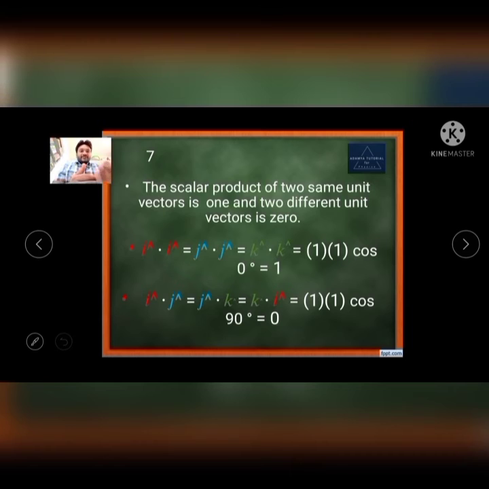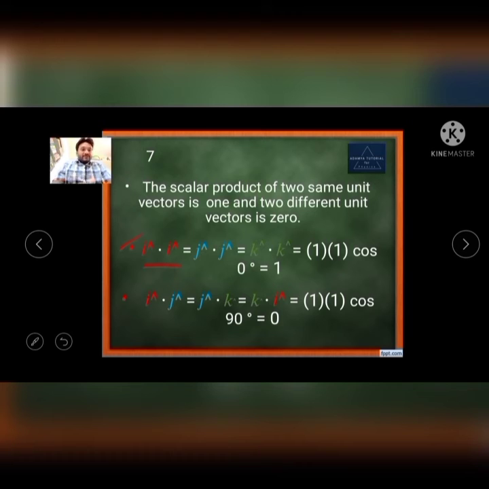Now the scalar product of two same unit vectors is 1. I repeat, the scalar product or dot product of two same unit vectors is 1 and of two different unit vectors is 0. First let us talk about the scalar product between two same unit vectors, I cap dot I cap, which is equal to j cap dot j cap, which is equal to k cap dot k cap.